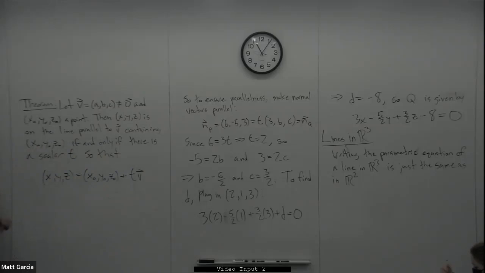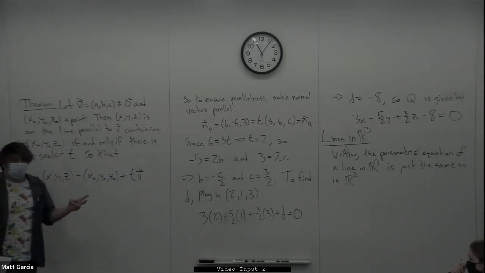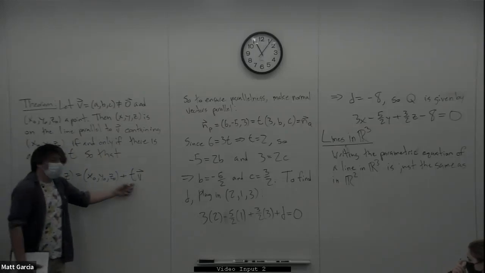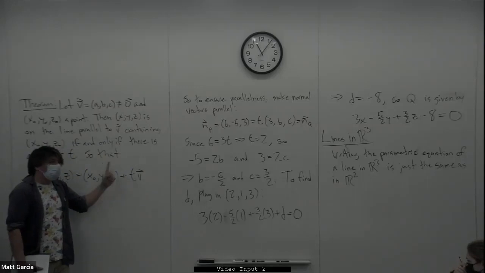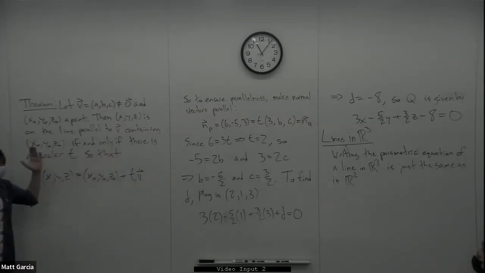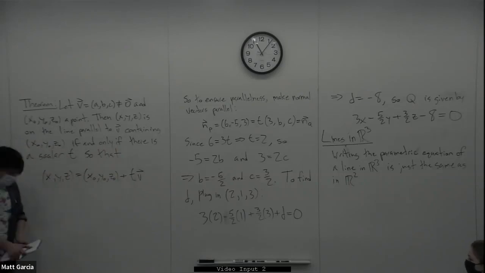So here's the thing. When we were talking about planes a minute ago, and we wanted to parameterize a plane in R3, we had to give two parameters, right? That corresponds to the dimension of the object we're describing. Here, even though we're in R3, we only need one parameter to describe this one-dimensional object, a line, in R3.